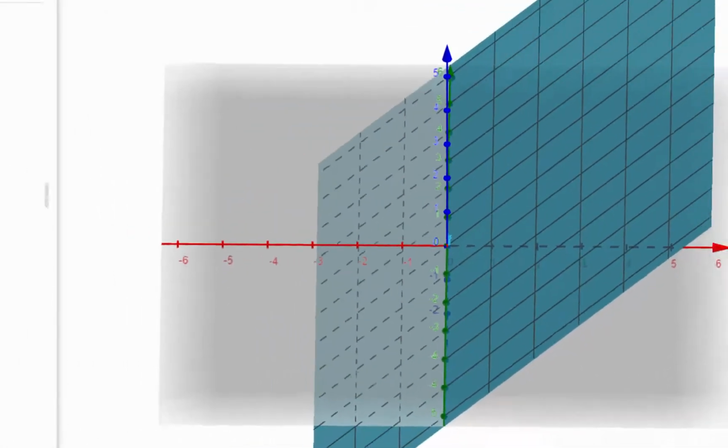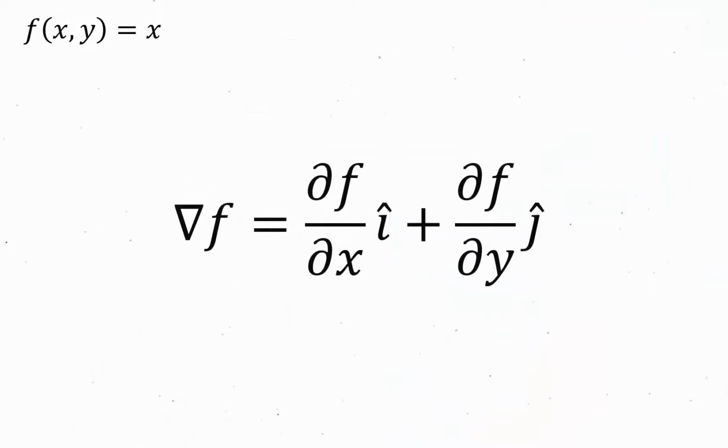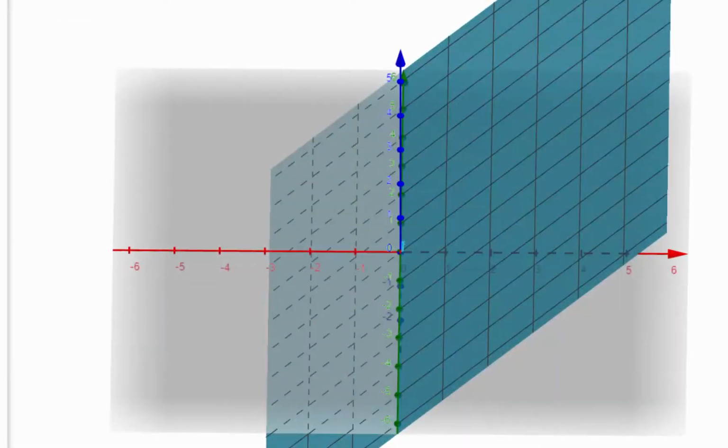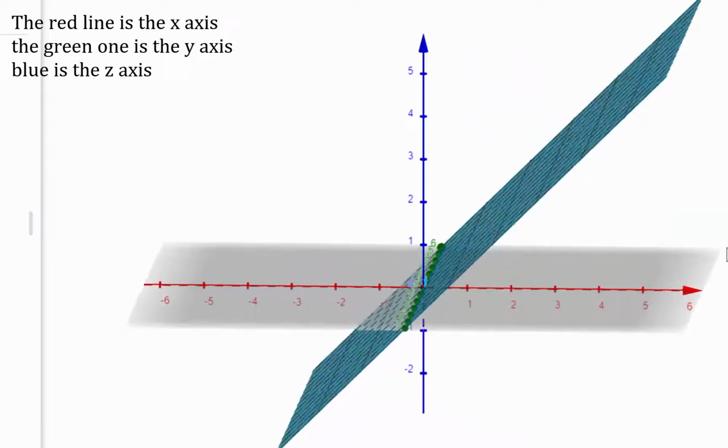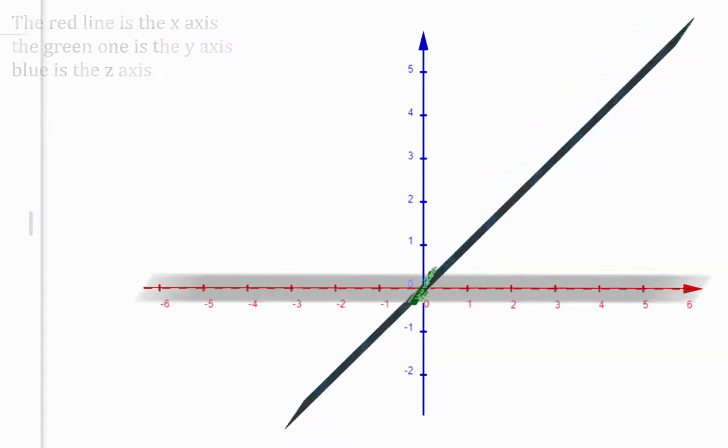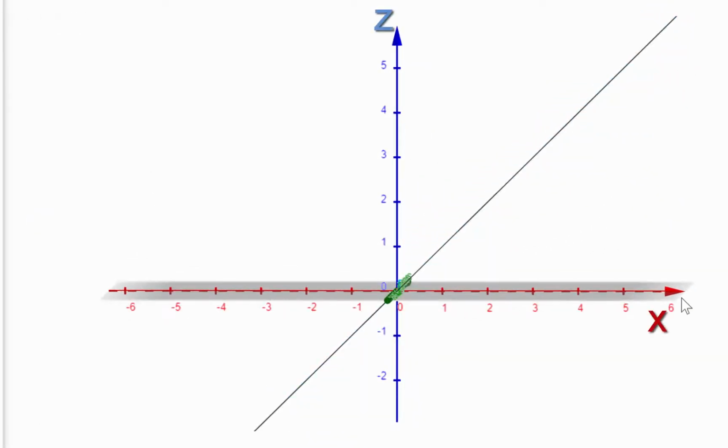But why? Well, first, you should know that the scalar quantities of i hat and j hat are the partial derivatives. For i hat, in this particular example, its scalar is the partial with respect to x, while for j hat, it's the partial with respect to y. Notice that if I only care how the function f changes as x moves forward, the rate of change will be 1.